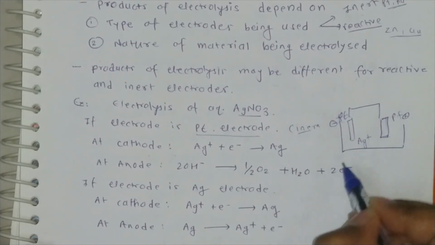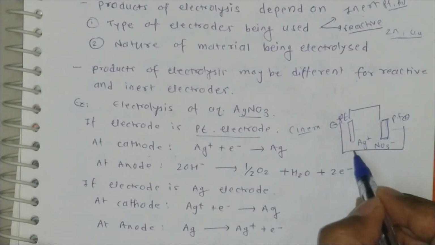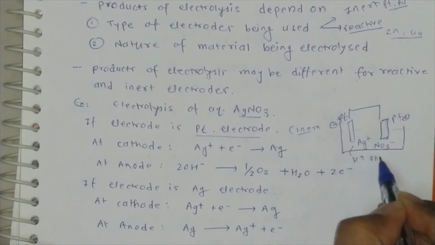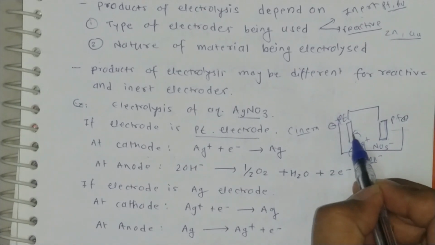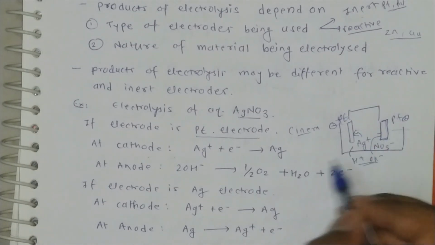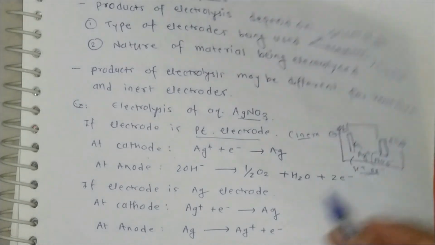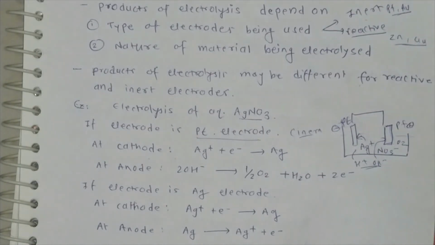AgNO3 means there will be Ag plus ion and NO3 minus ion, and this is an aqueous solution, so water will also have H plus ion and OH minus ion, right? So Ag plus ion will get deposited at the cathode and OH minus ion will go to the anode, and there is a liberation of what? Oxygen. NO3 minus ion will not go to the anode.